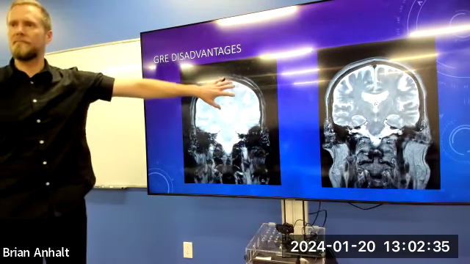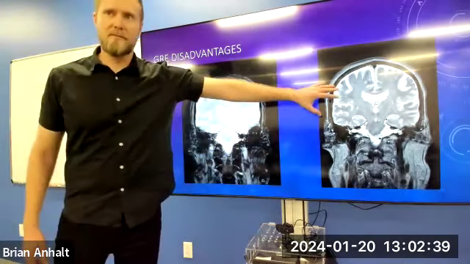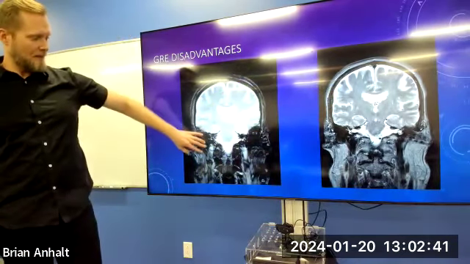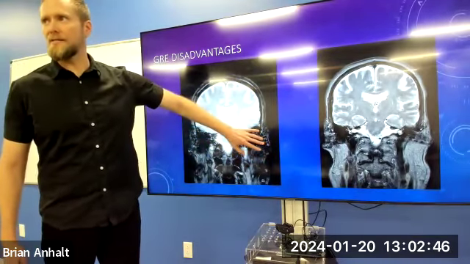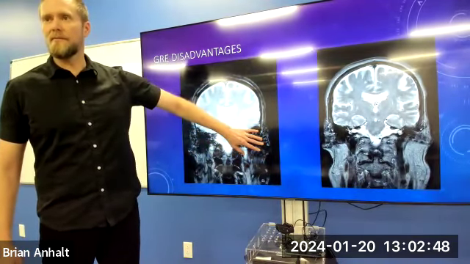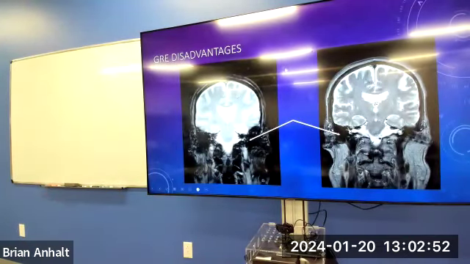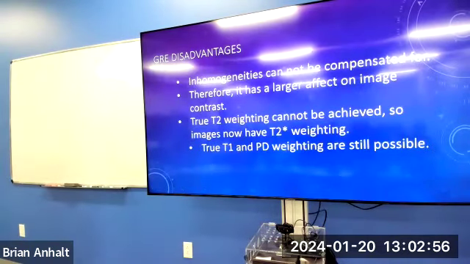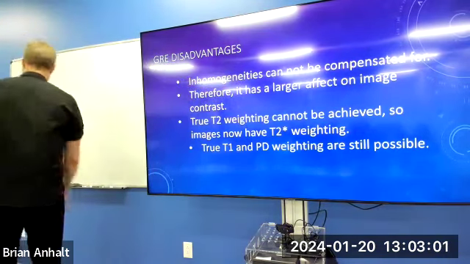Faster scan time. T2 star contrast, not T2. Image quality affected by inhomogeneities and susceptibilities, right? Inhomogeneities can't be compensated for, therefore it has a larger effect on the image contrast.